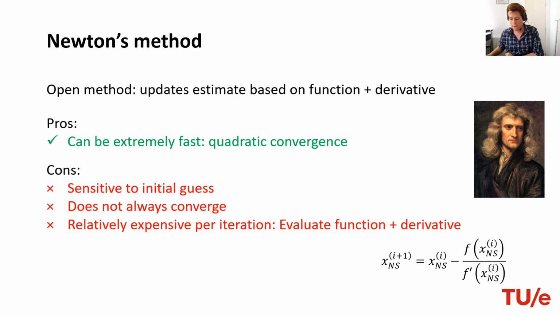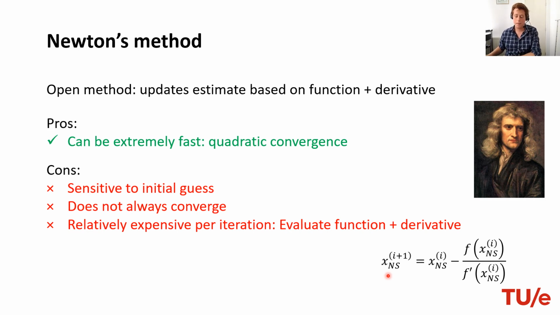So we have to evaluate the function and its derivative to calculate the solution in the next iteration. This can be problematic if your function is very expensive to evaluate, or if it's a function that's very hard to approximate.